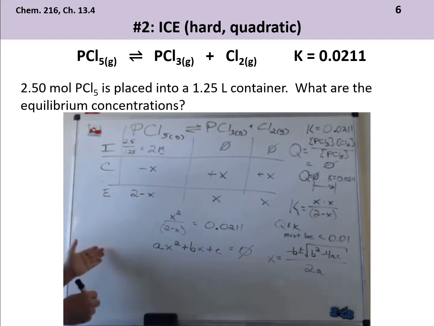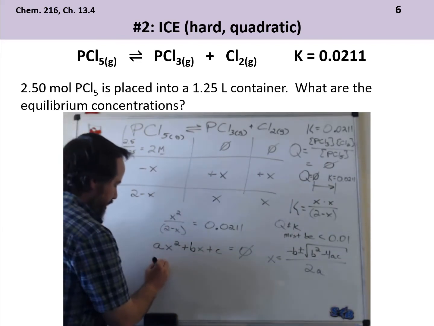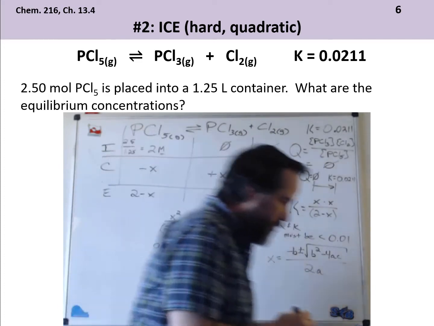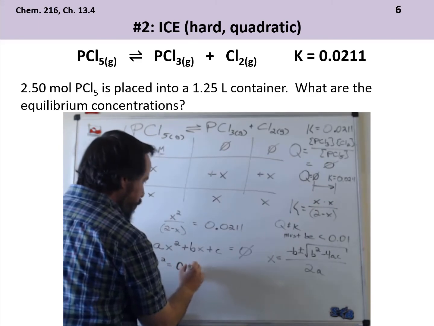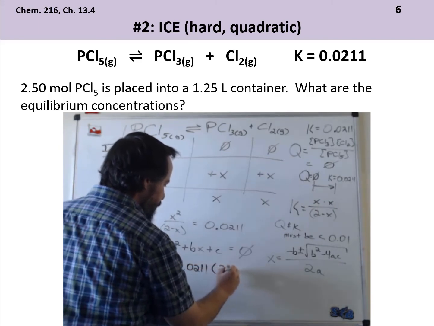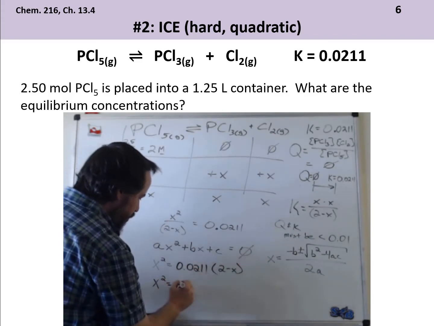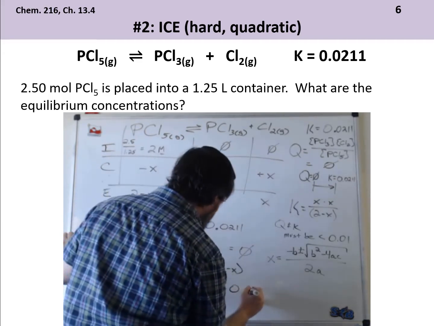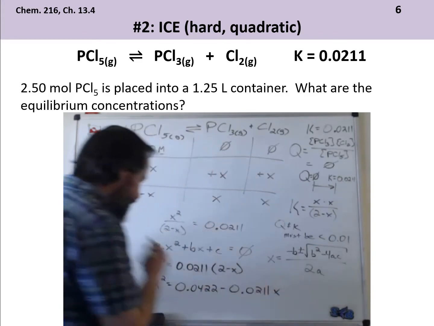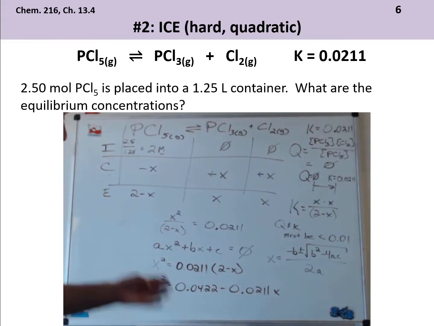Okay, so let's go ahead and figure out what a, b, and c are. I can rearrange this to be x squared equals 0.0211 times 2 minus x. This gives me x squared equals 0.0422 minus 0.0211x. All right, does that make sense? Yep. And now I can rearrange this once more to get all those onto the same side.